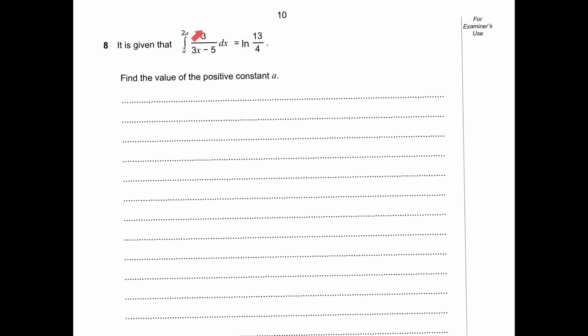So if we integrate this and substitute these limits, we are supposed to get this. But our limits are in terms of a, so we need to find the value of the positive constant a. We integrate, substitute the limits, and equate to ln of 13 over 4, whereby we get an equation, and that equation is what we need to solve.